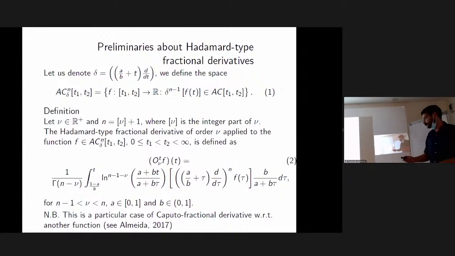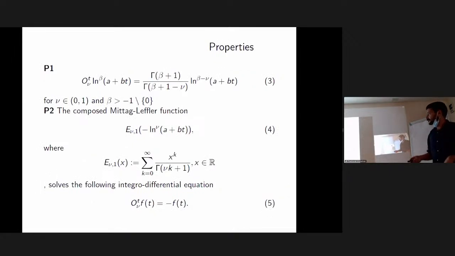Okay. Then the properties, trivial in some way, because these are related to the well-known properties of the Caputo type derivatives. But in this case, if we apply this operator to a power of a logarithmic function, we have equation 3, and the eigenfunction is given by the Mittag-Leffler function of the logarithmic function.